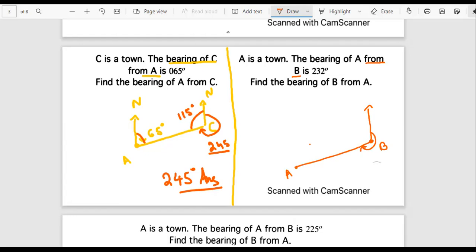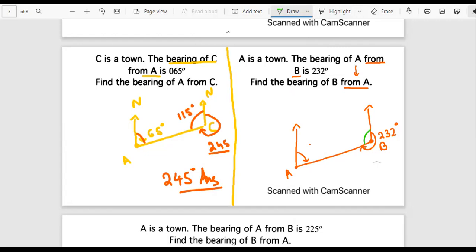Now I need to find the bearing of B from A. So this angle is 232 degrees. In order to find the bearing of B from A, I will make the north on A this time. And this is going to be the angle. That's very simple, okay? So we are done with angles already. We know how to find this. The sum of angles in case of a circle is 360 degrees.